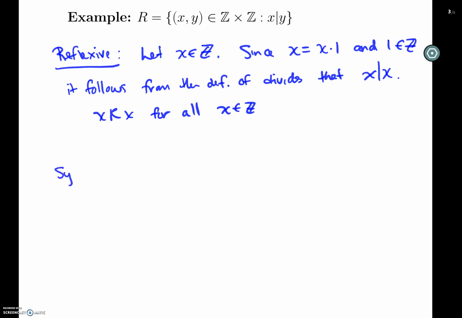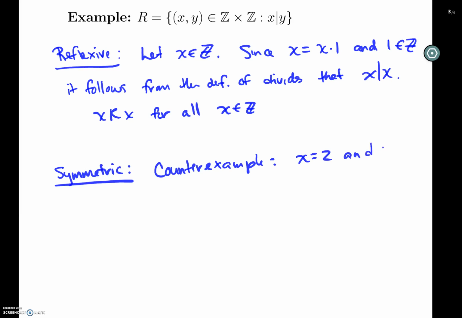Now what about symmetric? Is it the case that if x divides y, then y will also divide x? Well, if we think about this, that's not necessarily true. For a counterexample, there are lots of things we could consider, but if we specifically let x equal 2 and y equal 6, we would have that 2 divides 6, but 6 does not divide 2.